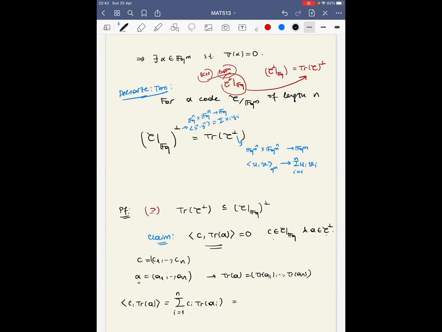And since trace is F_q linear and these c_i have coefficients from F_q, we can write this sum as a trace of the product of c_i and a_i. And let me also exchange the sum and the trace because of the linearity of trace.